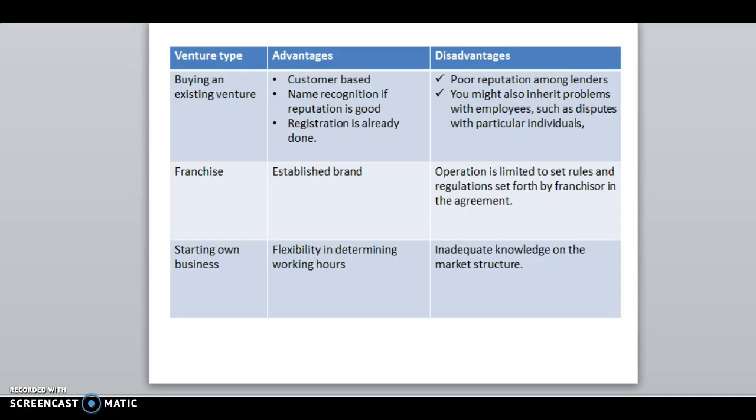This can be like when the franchisor decides that this franchise is going to operate in this location. So when I decide to buy this, I'm limited in expanding to the areas that I feel my business should be expanded to. So this is a disadvantage. There's no flexibility of business in a franchise. You go by the rules set by the franchisor.